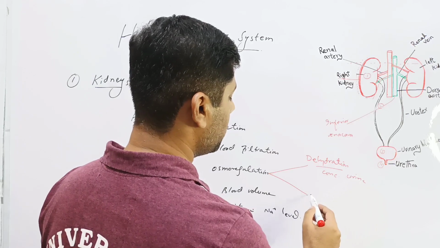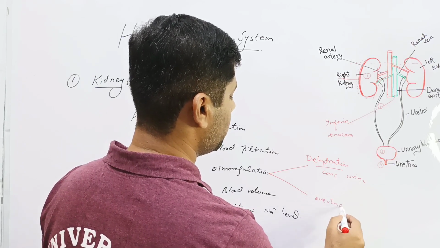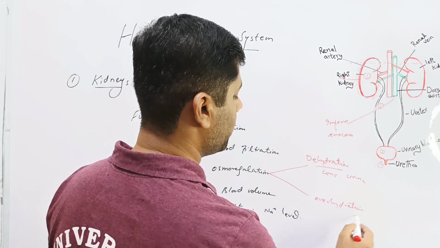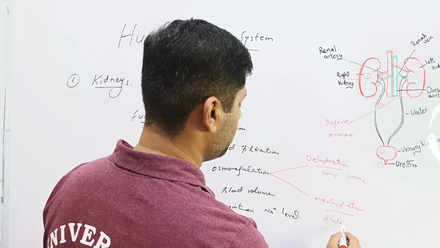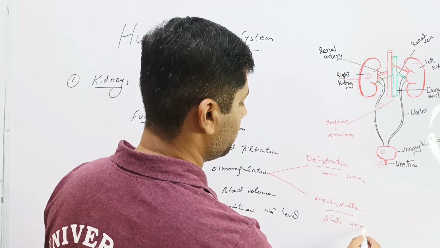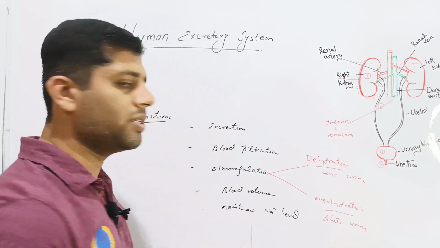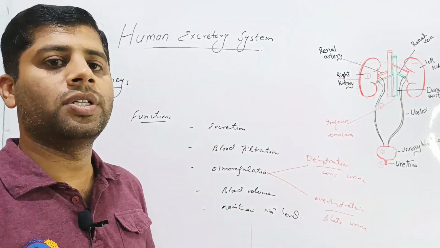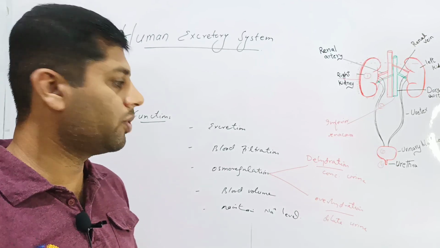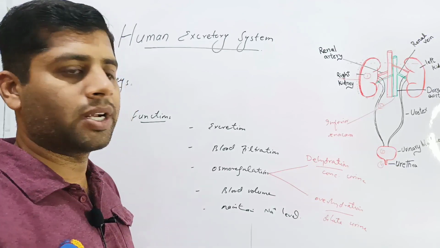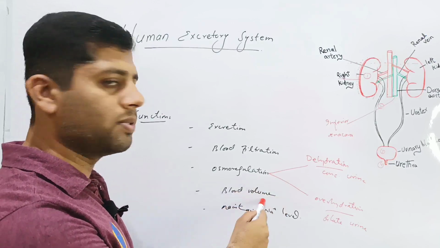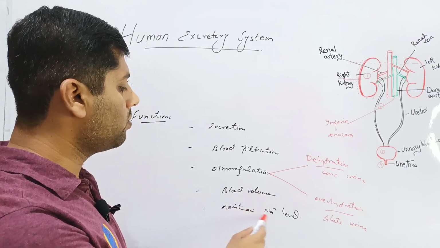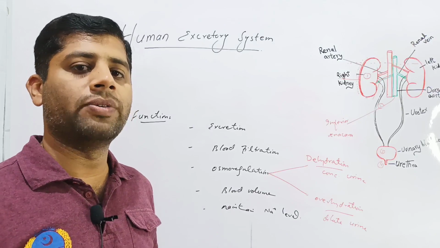In case of overhydration, or increased concentration of water in the blood or body, kidneys produce dilute urine to remove the excess of water. In this way, it manages the blood volume, the water concentration in the blood and the body, and other minerals and salts. Using the osmoregulatory mechanism, it also maintains blood volume. Kidneys also maintain body sodium level.